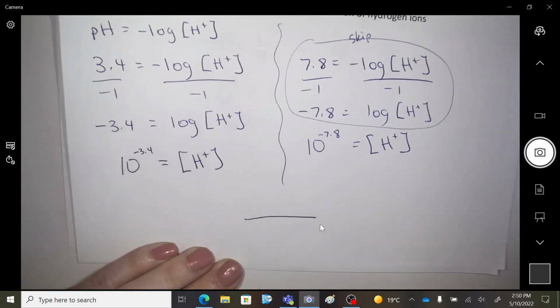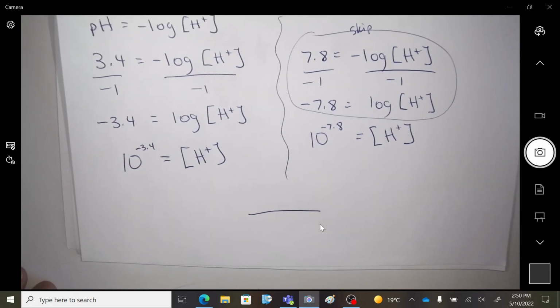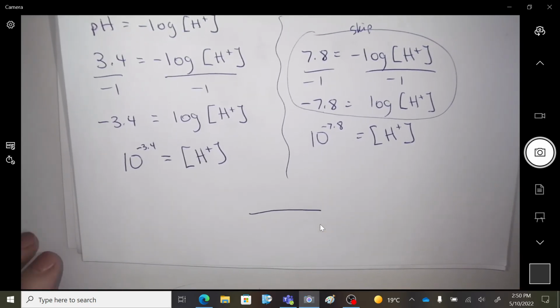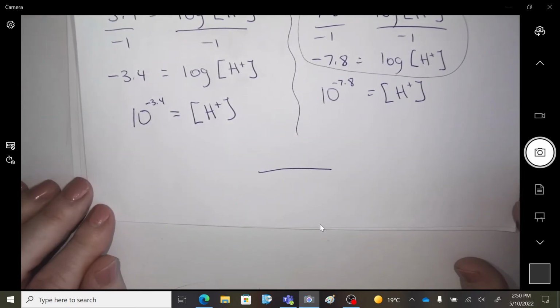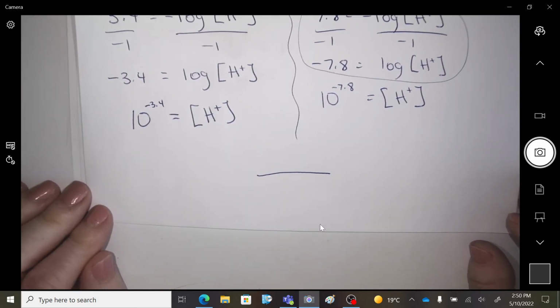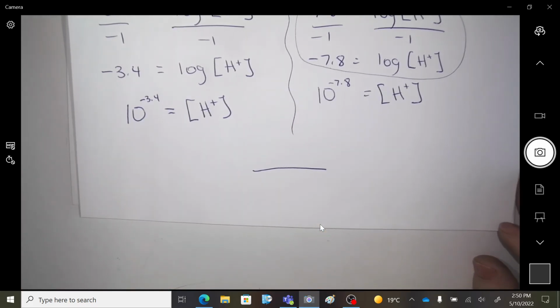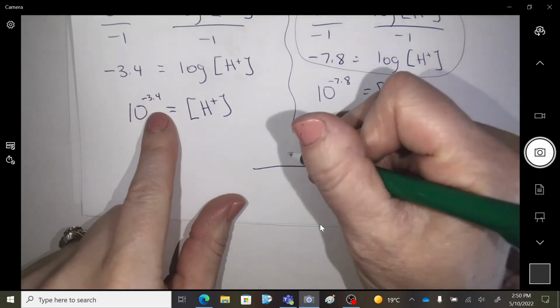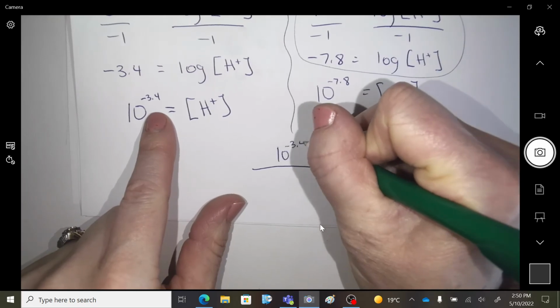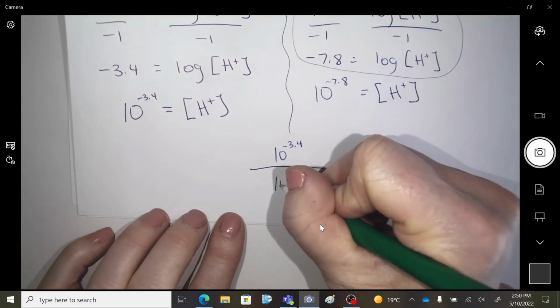Okay. Now, when you do how much more times is something, you're probably going to want to do the bigger number divided by the smaller number. Which one of those is actually bigger than the other one? This one is a bigger number, and this number is smaller.